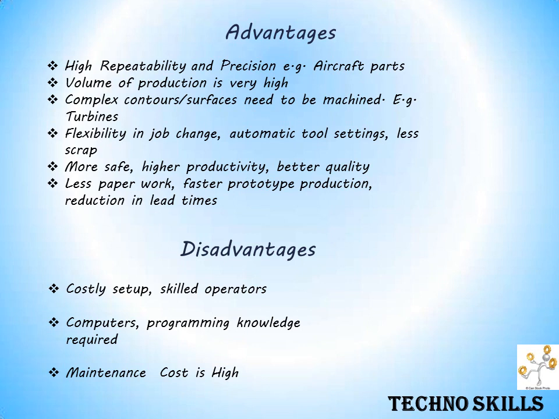So that is called repeatability. Mass production is very high because of the programming method, and complex contours and surfaces, like turbines or major components like propellers and all. If you want to surface it or machine it, then we go for the CNC machine.